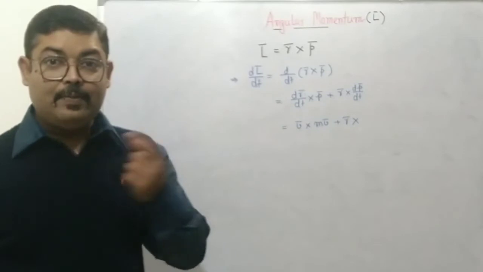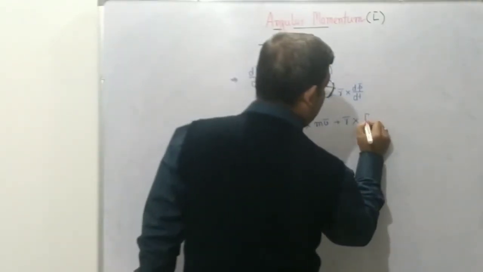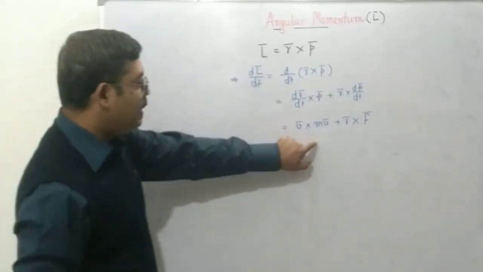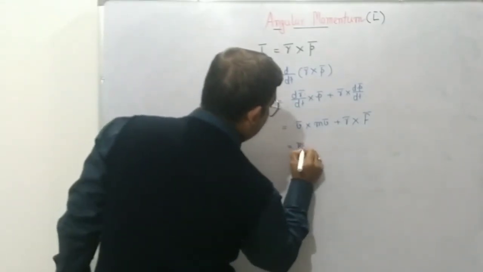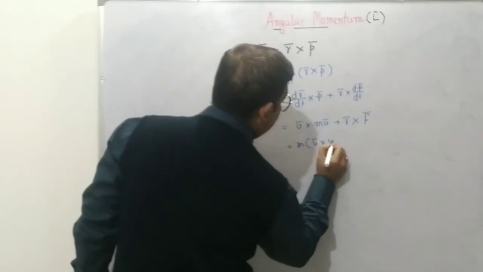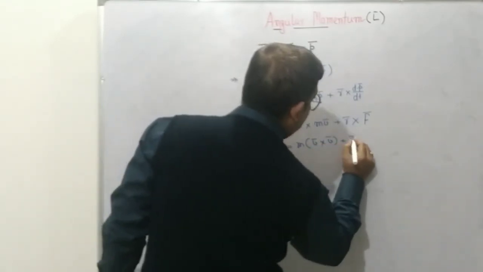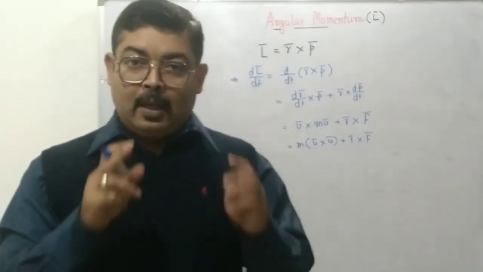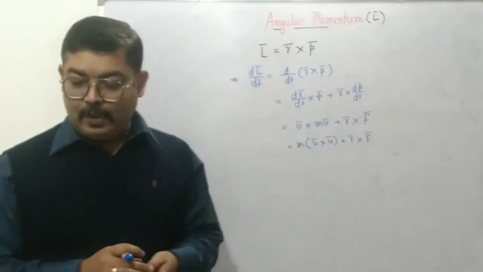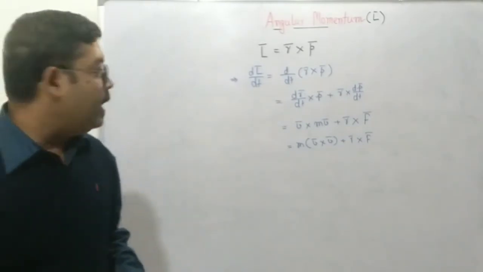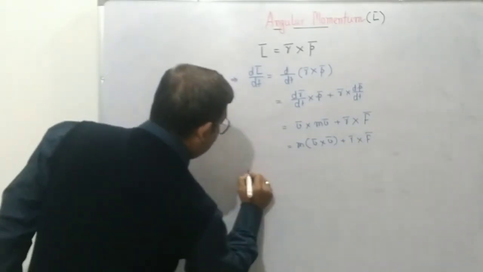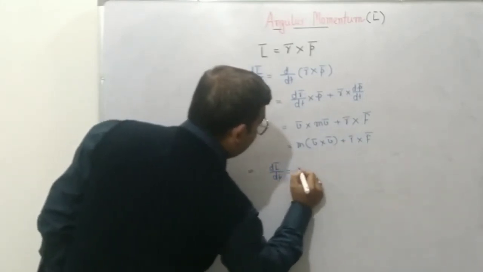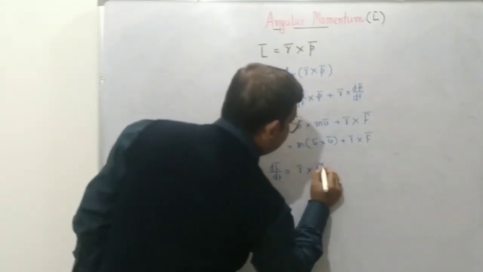Rate of change of momentum is known as force, right, from the second law of motion, so this must be equal to F. Now if you consider the first part, we can take m outside and we will have v cross v plus R cross F. Now what is v cross v? The cross product of a vector with itself will give us a zero vector, right? So we can discard this term, and so we will have dL by dt equal to R cross F.